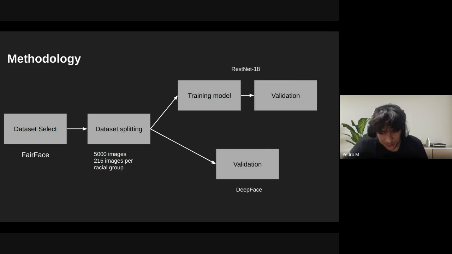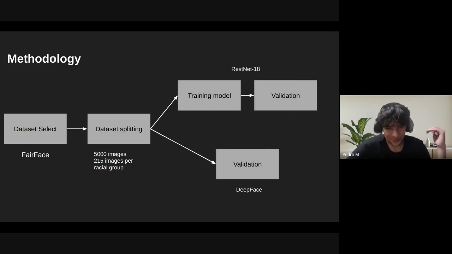Next, we performed dataset splitting, dividing the data into training and validation sets while preserving this racial balance. This split was then used differently depending on the model.